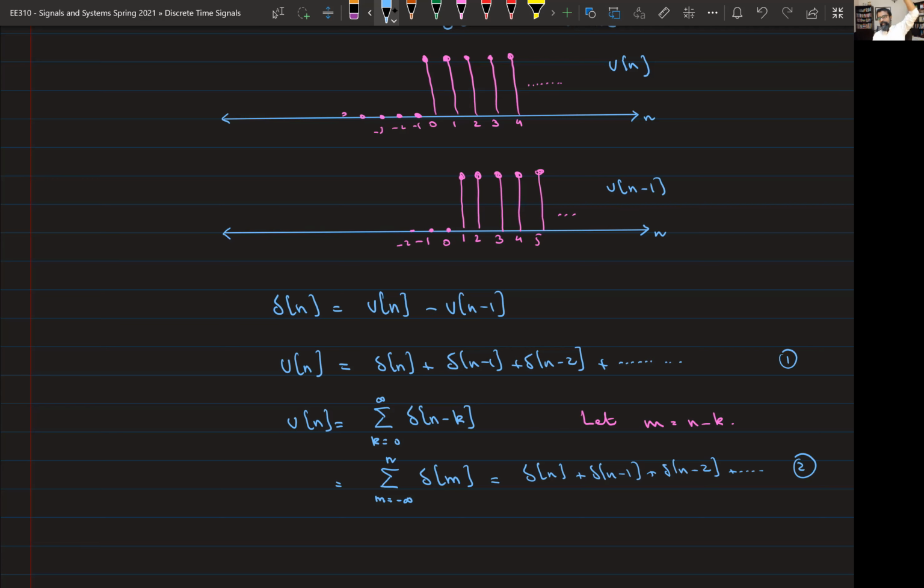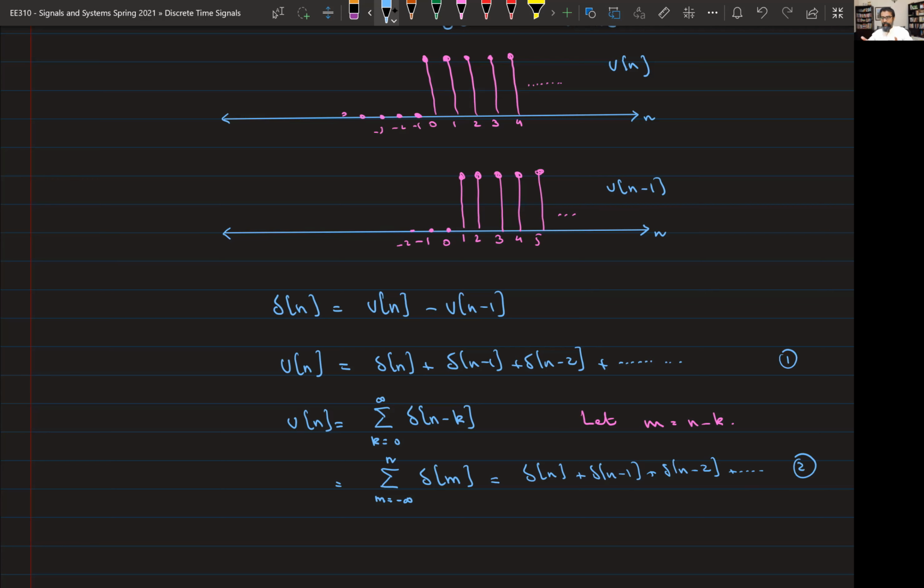In that summation, I'm starting backwards from n. When I plug in m equals n, I have delta n. If I plug in m equals n minus 1, I have delta n minus 1, then delta n minus 2, then delta n minus 3, all the way up to delta n minus infinity. So this is exactly what you have in that expression above.